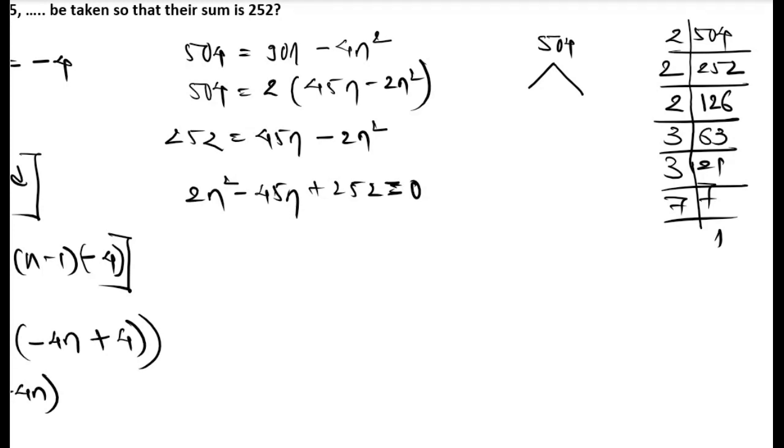Let's check. Okay, 2 twos are 4, 2 fours are 8, 3 eights are 24, and 7 threes are 21. Yes, 24 and 21. 21 plus 24 is 45. So 24 and 21 are the two required factors.